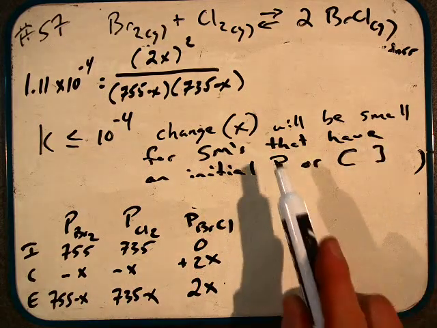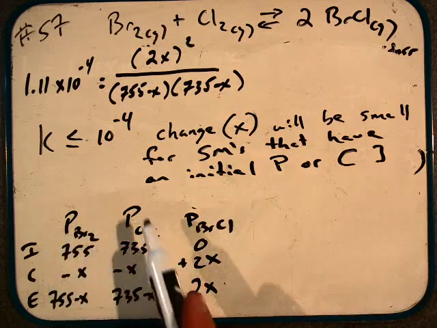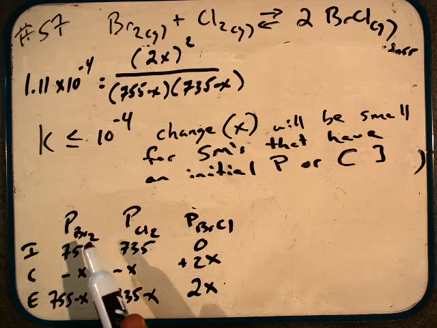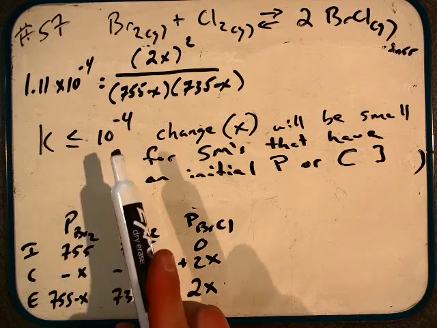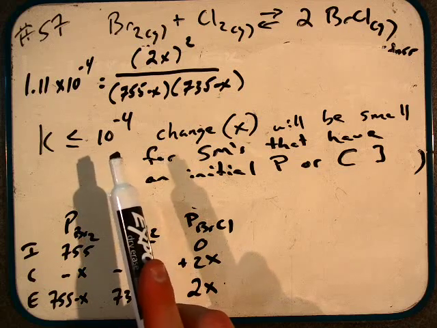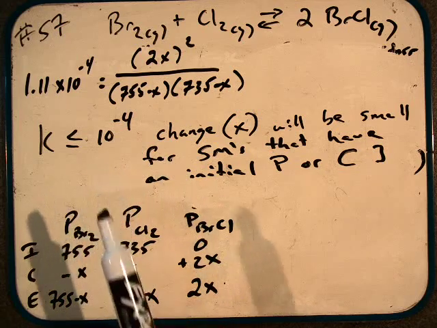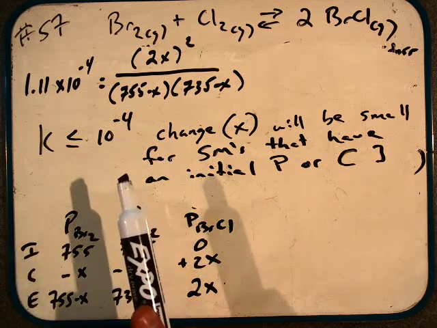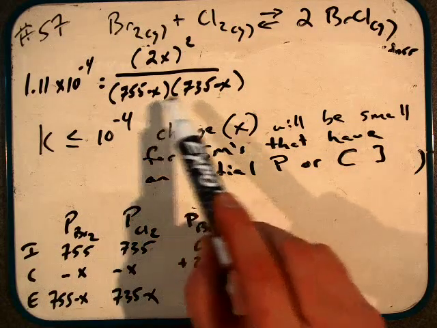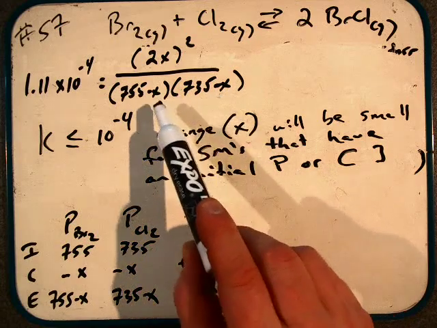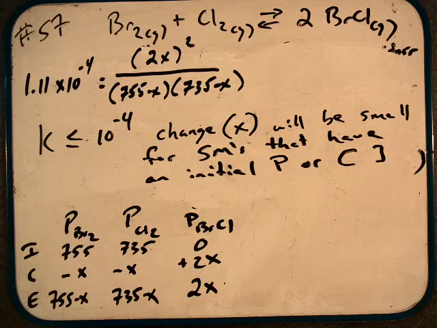In this case we have initial pressures. So since we're starting with a large pressure of our starting materials, Br2 and Cl2, and since our equilibrium constant is so small, it's less than 1, that means that our starting materials are really favored in this equilibrium. If our starting materials are favored, then this x quantity is going to be really negligible compared to those initial concentrations.